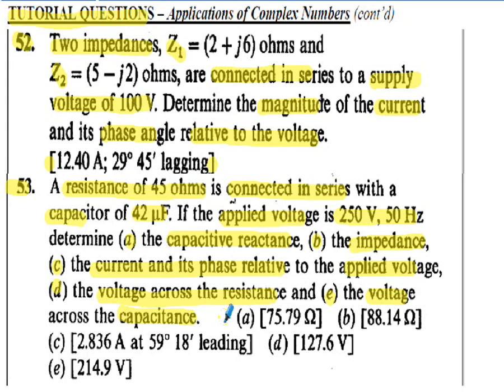Part D, we can calculate the voltage across the resistance from V is equal to IR. We know the resistance in this case, we've calculated the current. And then part E, we can calculate the voltage across the capacitance. Knowing that XC is equal to V divided by I, we can transpose to find the voltage across the capacitance. Answers are given in the square brackets as usual.